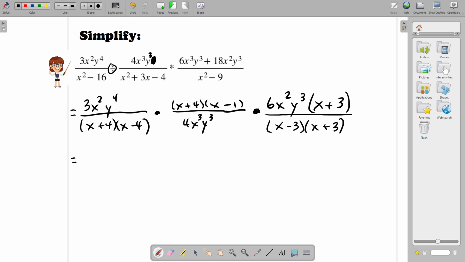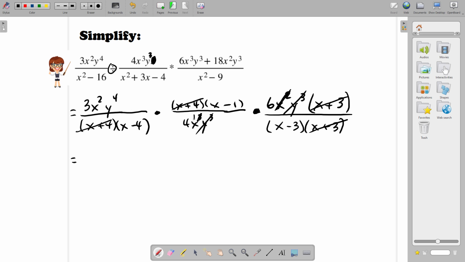Alright, now I'm going to start simplifying a few things. I see an x plus 4 divides out. X plus 3 divides out. I can divide out 2 of these x's and 2 of those, left with 1. The y cubes divide out.